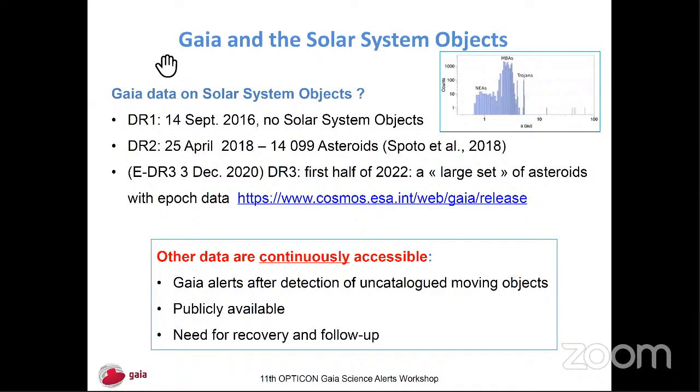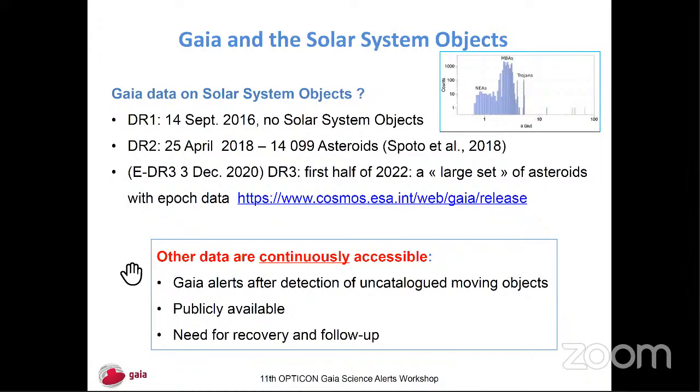As you know, we already published 14,000 asteroids in Data Release 2. So they are known asteroids, and there will be more in 2022.